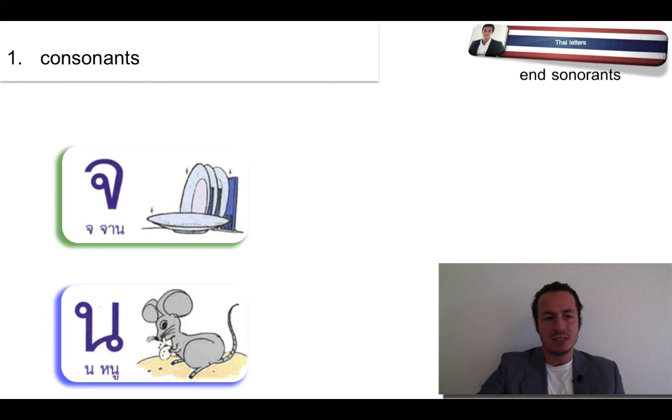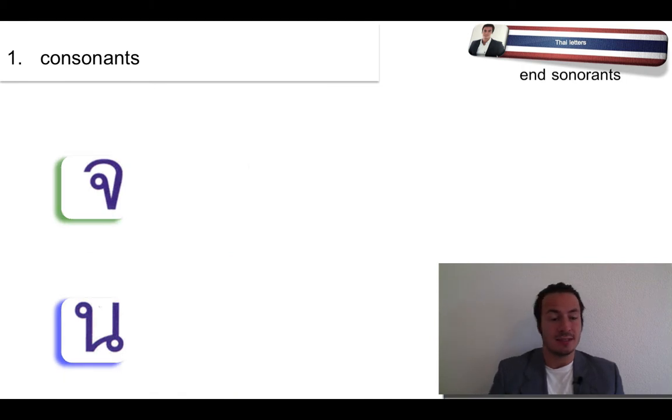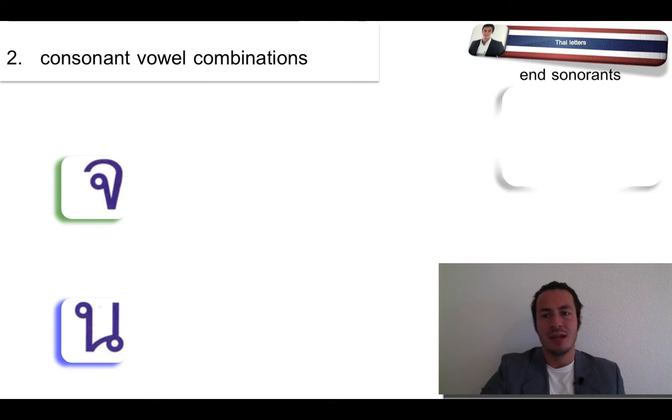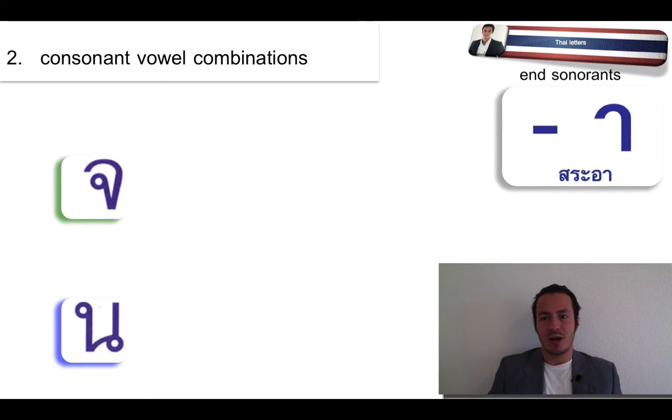Okay, with these two consonants as an example, we can now see how we've learned to build syllables, because some lessons actually introduced to you up to now consonant-vowel combinations. So whenever we learned long vowels, as for example you can see on the top right, the long a vowel, the sara a, the card demonstrates the position in relation to the consonant by this small stress mark, which is a placeholder for any consonant you can combine the a vowel with.